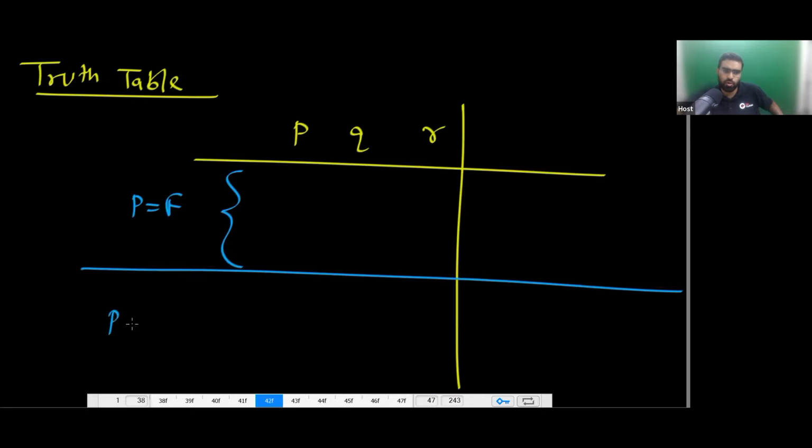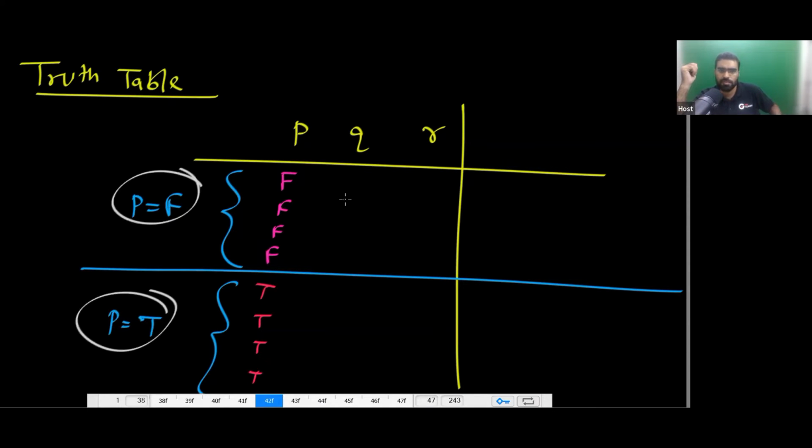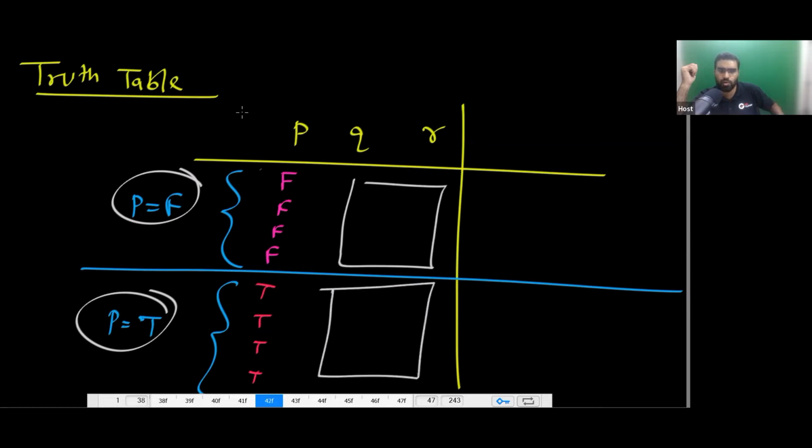For example, you can notice in here P is false, and here P is true. Now here you can make combinations of Q, R. So can I say that only 2 possibilities are there? Either P will be true or P will be false.